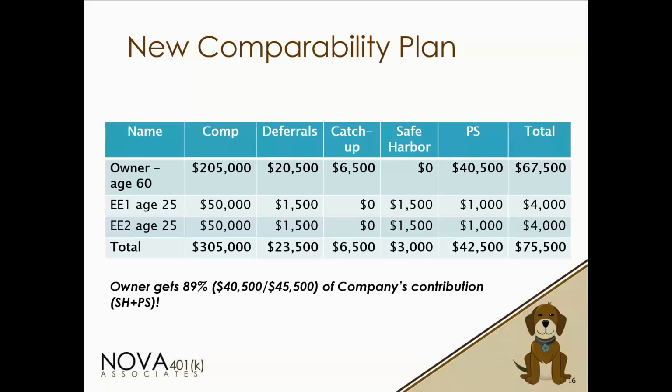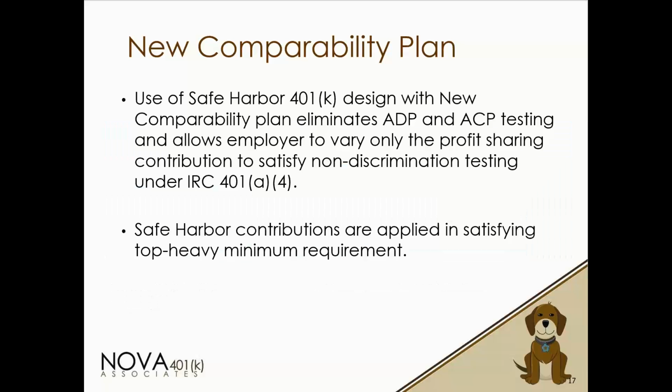These employees will clearly understand what's going on, that the company is giving them $2,500 between safe harbor and profit sharing, and it's in their account, and hopefully everybody's happy in this situation. A 5% contribution in a 401k plan is not a bad deal for rank and file employees, especially these days.